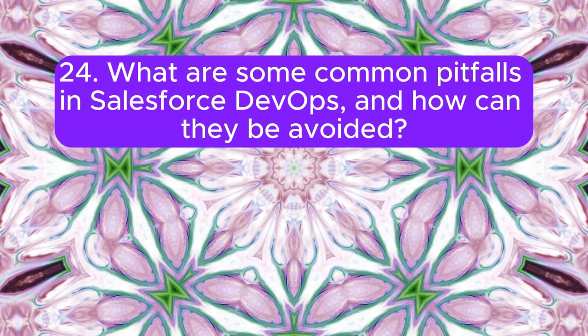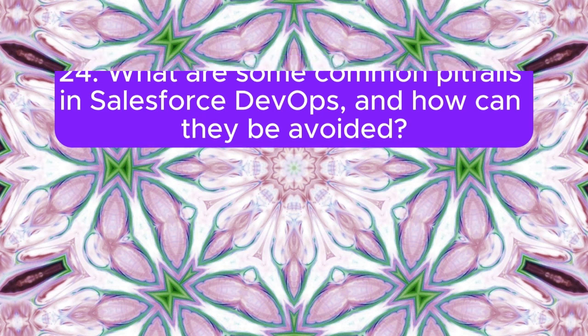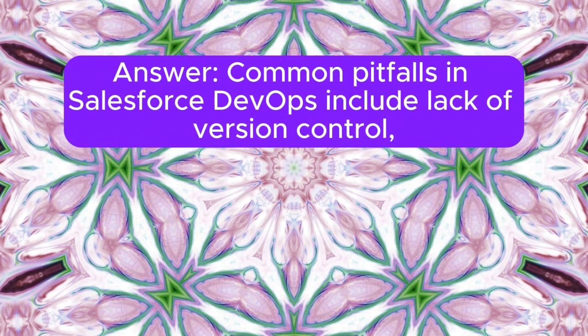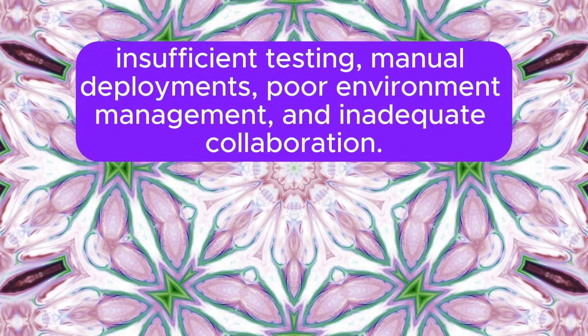24. What are some common pitfalls in Salesforce DevOps, and how can they be avoided? Answer: Common pitfalls in Salesforce DevOps include lack of version control, insufficient testing, manual deployments, poor environment management, and inadequate collaboration.